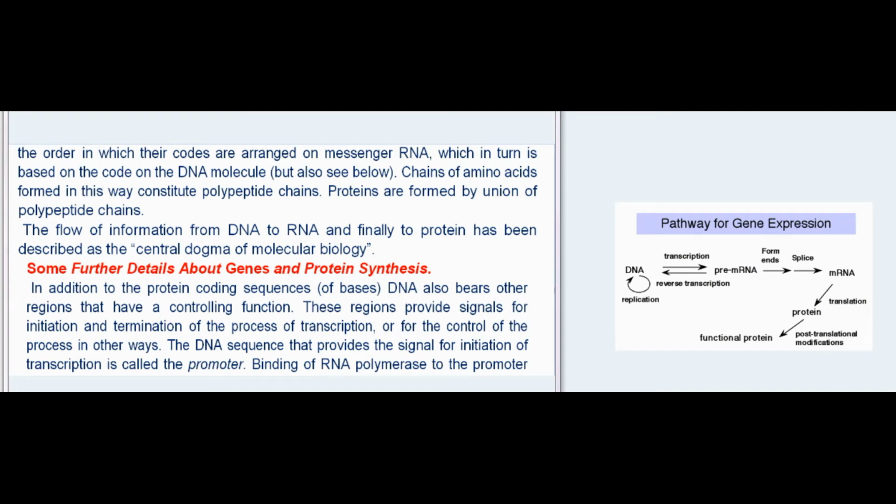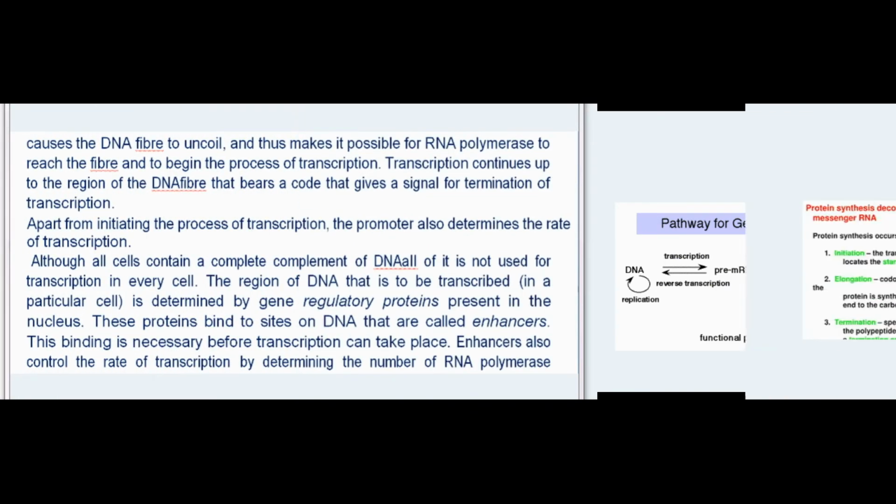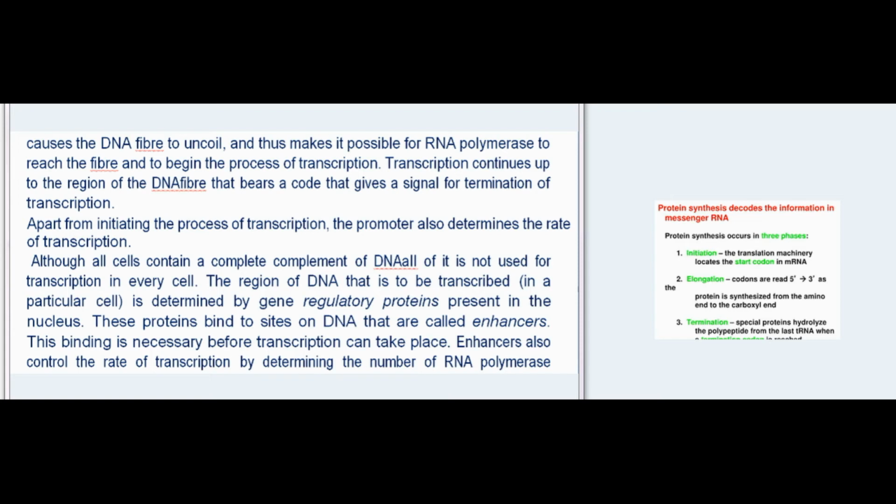Binding of RNA polymerase to the promoter causes the DNA fiber to uncoil, and thus makes it possible for RNA polymerase to reach the fiber and to begin the process of transcription. Transcription continues up to the region of the DNA fiber that bears a code that gives a signal for termination of transcription. Apart from initiating the process of transcription, the promoter also determines the rate of transcription.